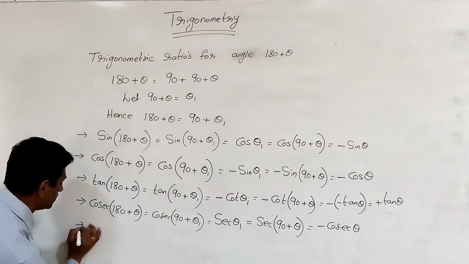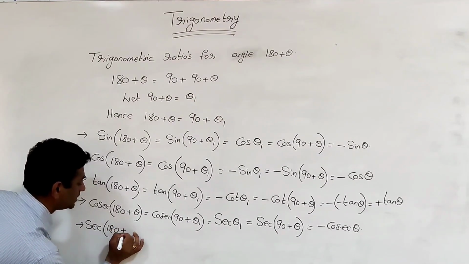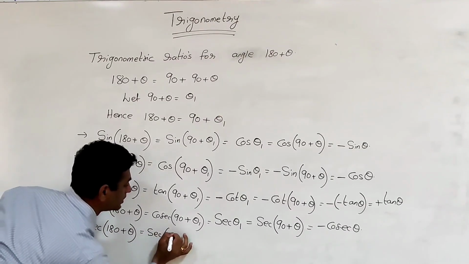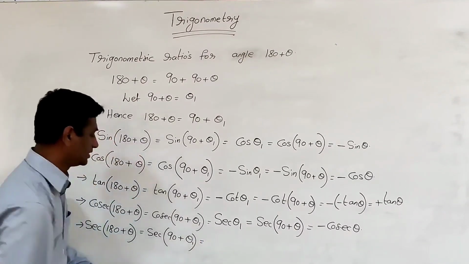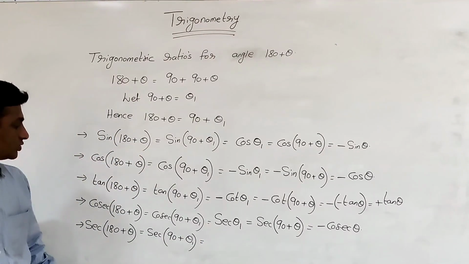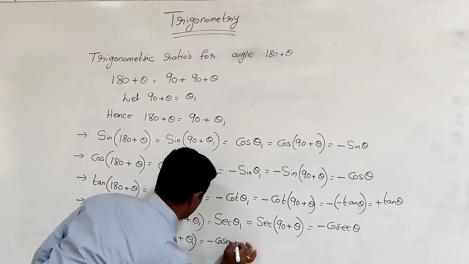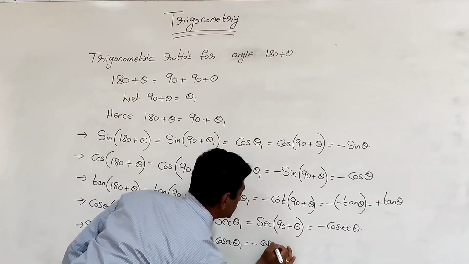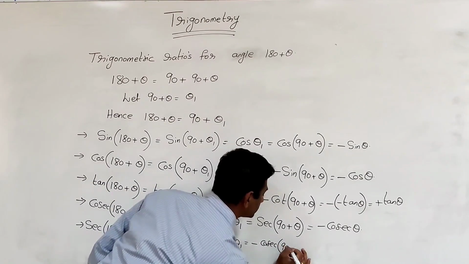Next, secant of 180 plus theta will be secant of 90 plus theta 1, and secant of 90 plus theta 1 gives minus cosecant of theta 1, which is minus cosecant of 90 plus theta.